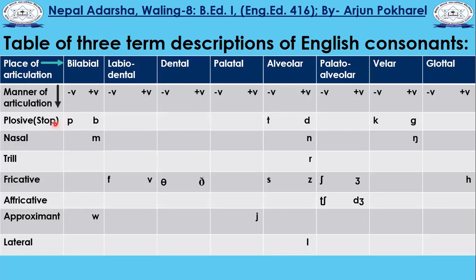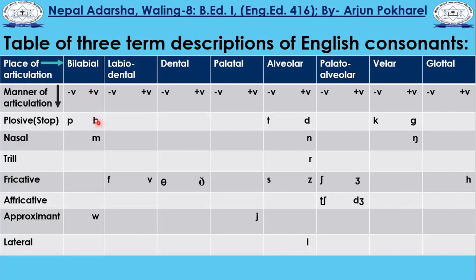Let's say in plosive, the stop, in bilabial plosive in English, only p is there, which is voiceless. And plus B means voiced. Voiced sounds.